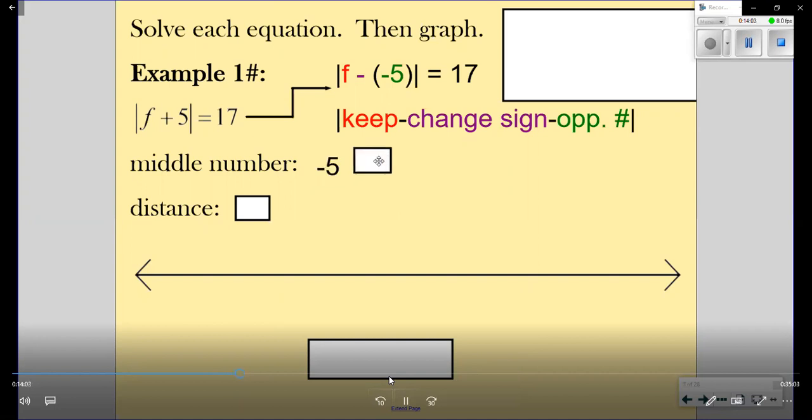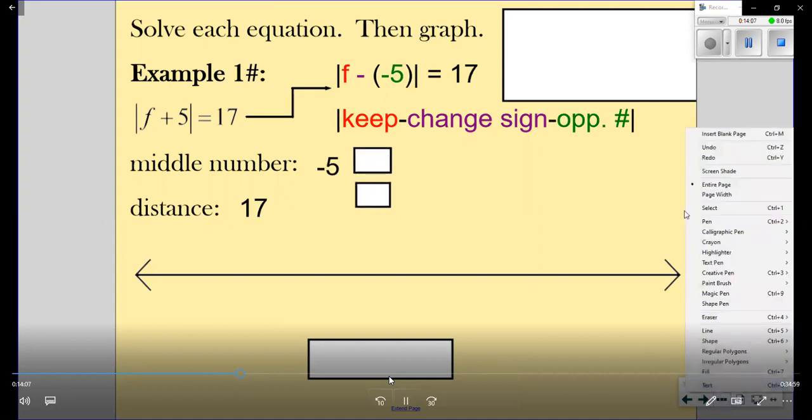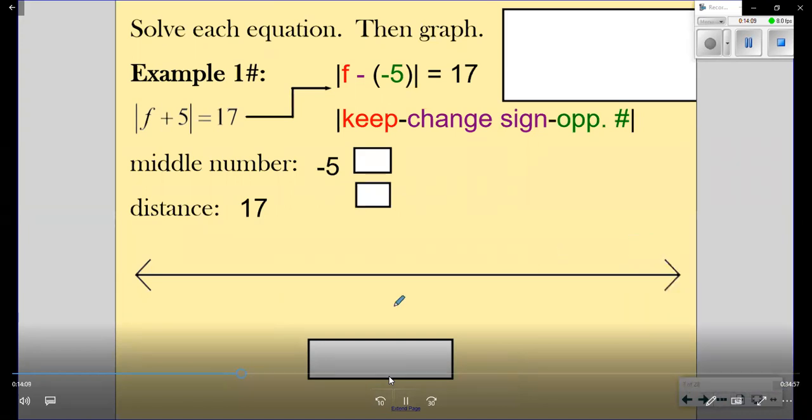Your middle number will be negative 5, your distance will be 17, and then when you plot it, your middle number is negative 5, and I'm just going to show an arc, and I have positive 17, and I have negative 17 in this direction.